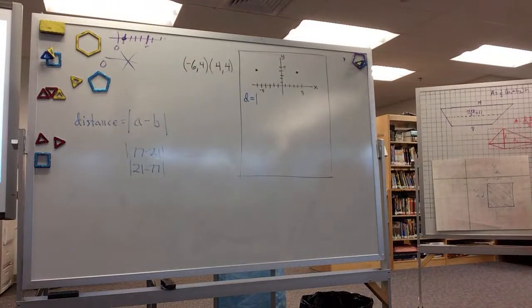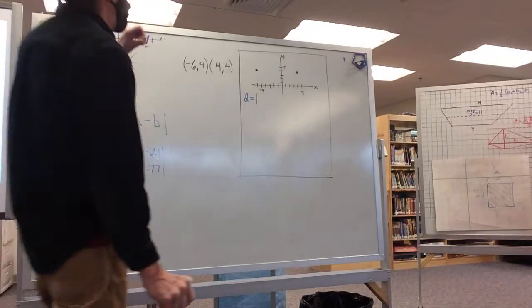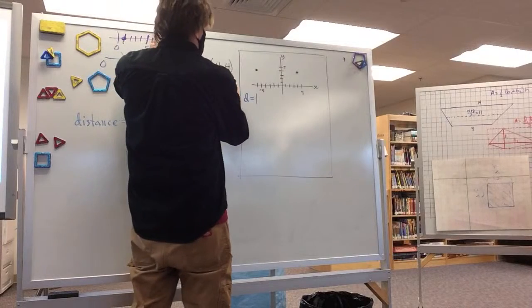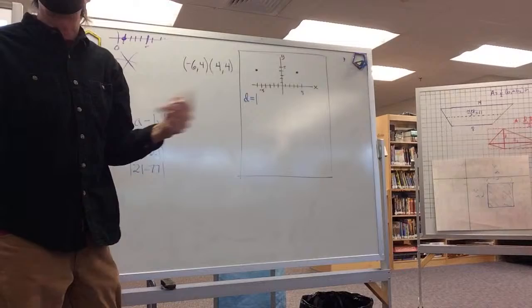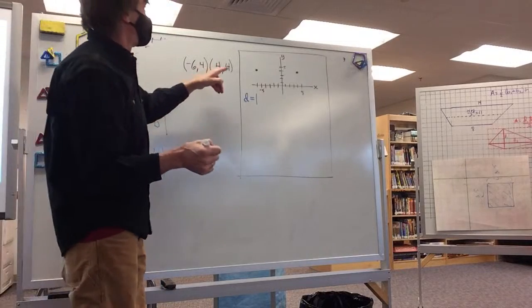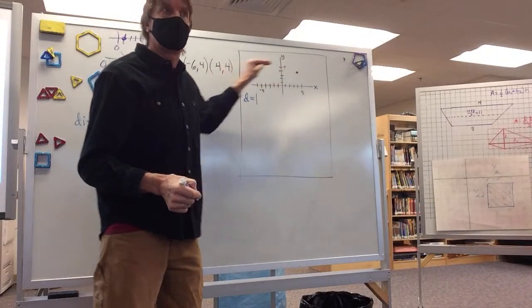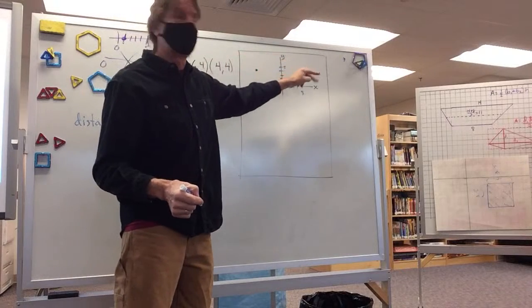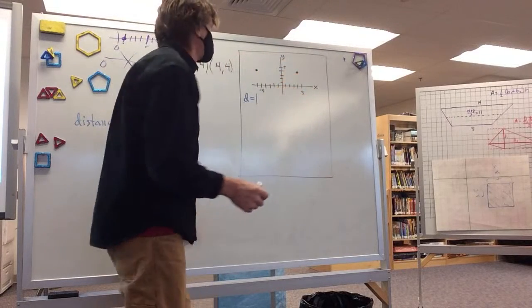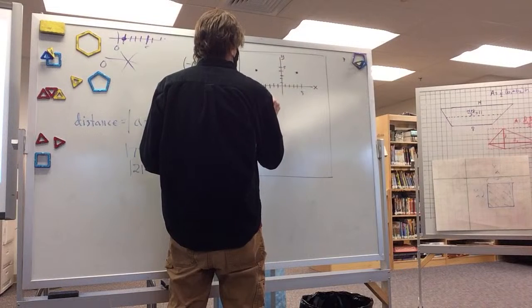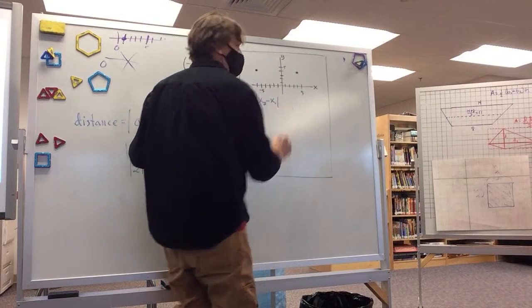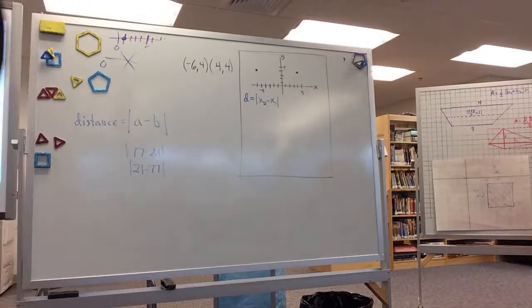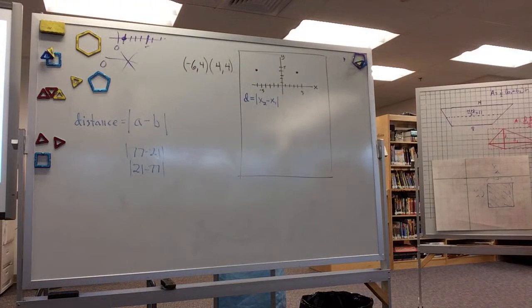The distance is going to be the difference, so we're going to use subtraction, between the two x values, because we're looking at a horizontal distance. So it follows the x-axis. So this is going to be x with a subscript of 2, subtract x with a subscript of 1. And what that means is one of the x values and then the second x value, they get subtracted.